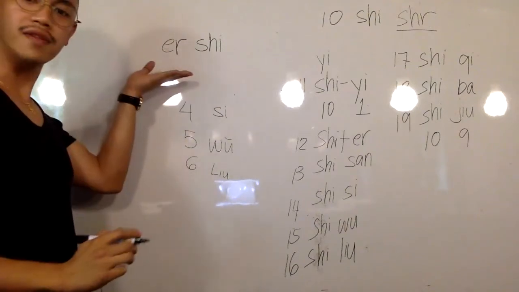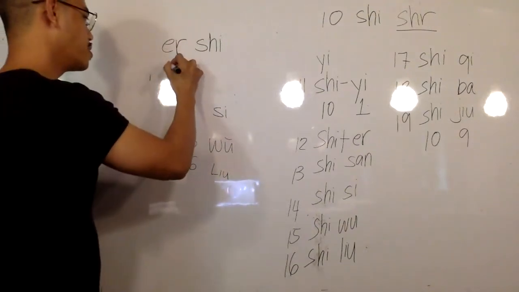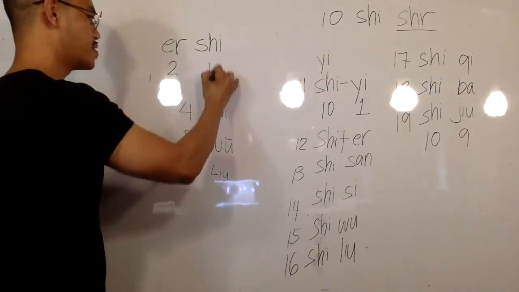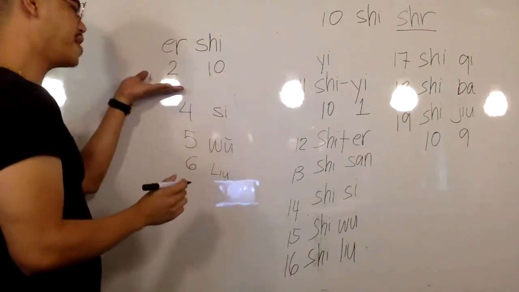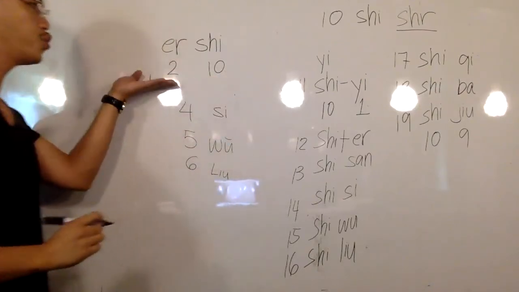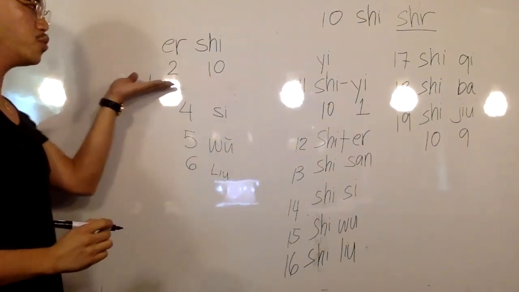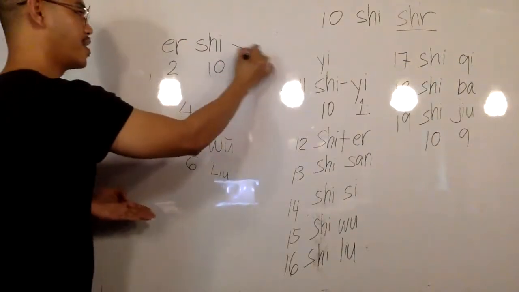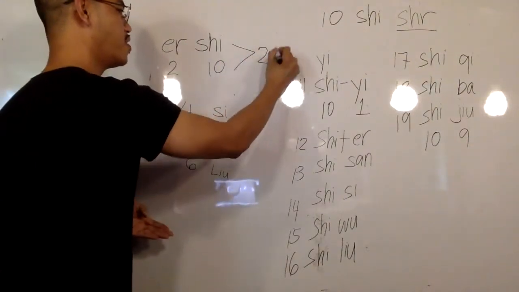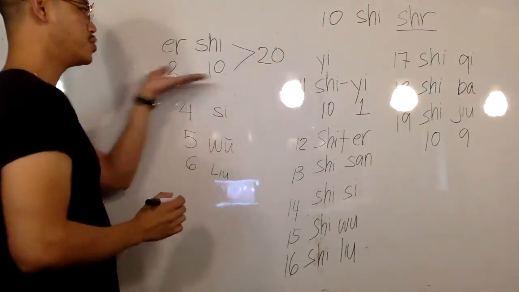What is er again? It's 2. 2, 10, which literally means 2-10. This is 20, er shi.